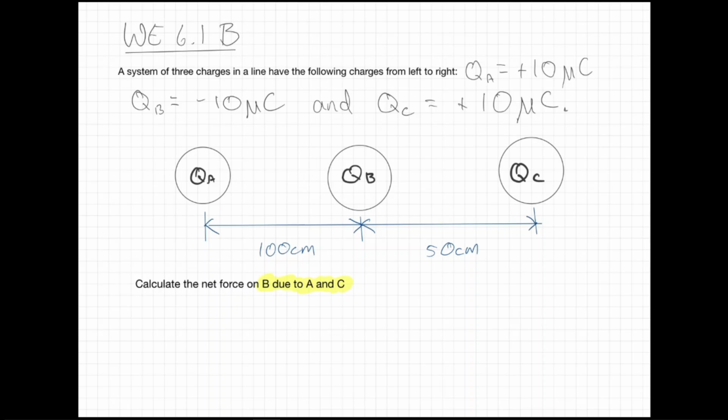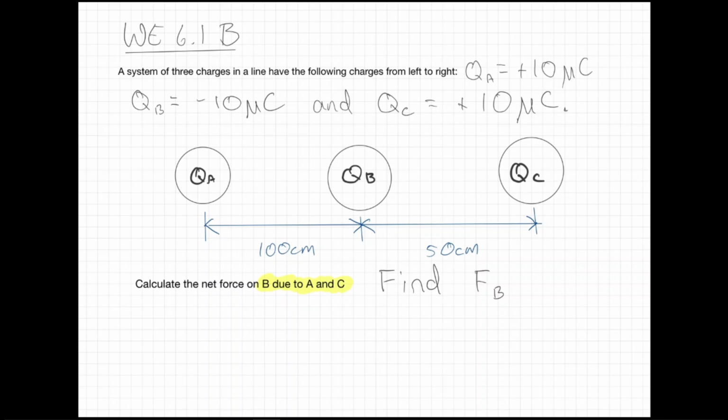Now, the question specifies calculate the net force on B due to A and C. There's really simple ways of doing this, and really complicated ways. I tend to just write about the thing we're focused on and its experience. So we can interpret this question to mean find force B, the force that B experiences from all other charges.